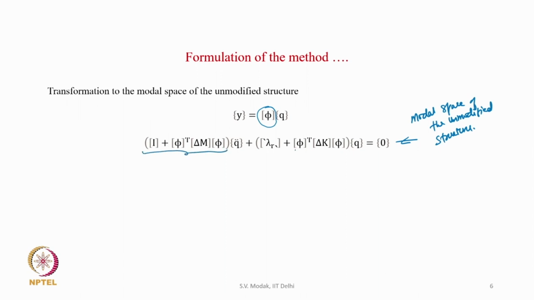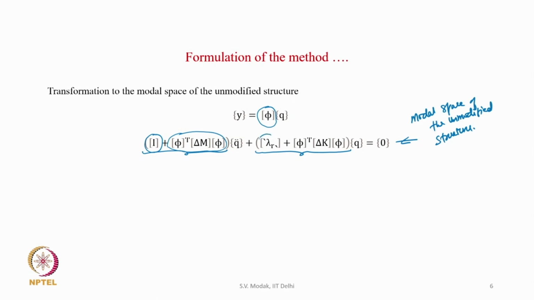This can be called the mass matrix in the modal space of the unmodified structure, and this the stiffness matrix in the modal space of the unmodified structure, or the modal mass matrix and modal stiffness matrix, but in the modal space of the unmodified structure. Here this is of course a unity matrix, but phi transpose delta m phi is not a diagonal matrix.